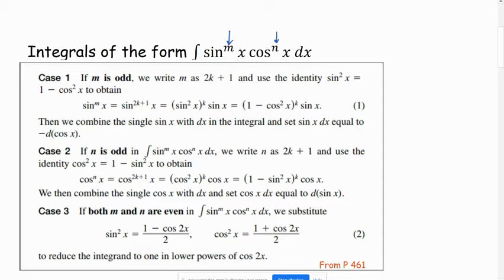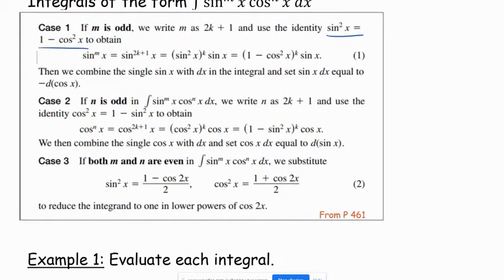If m is odd, it suggests you use the identity sine squared equals 1 minus cosine squared to break up the even powers of sine and write them as cosines. We'll definitely do some examples of that.